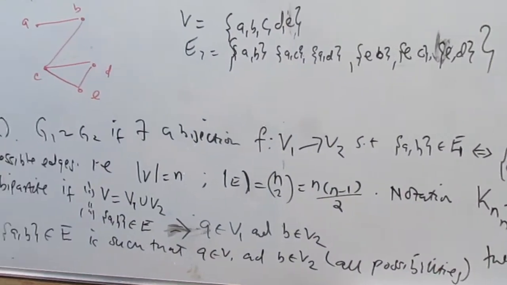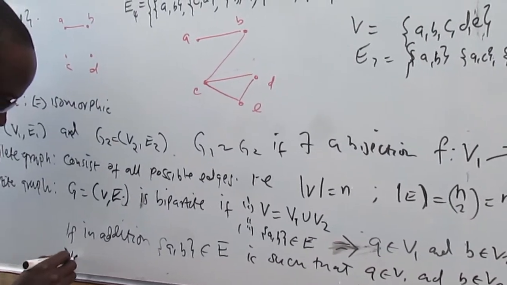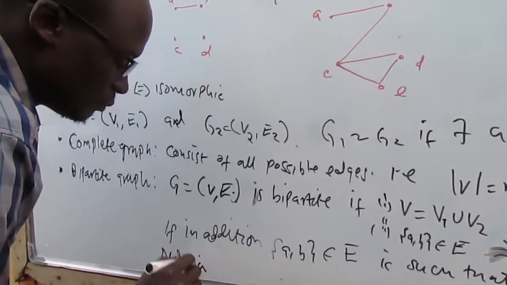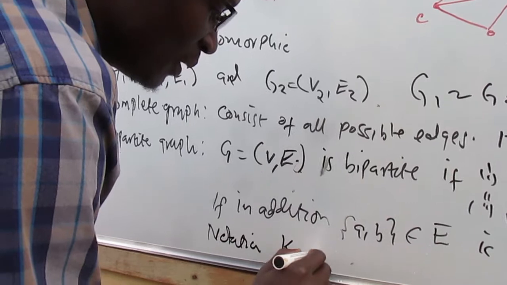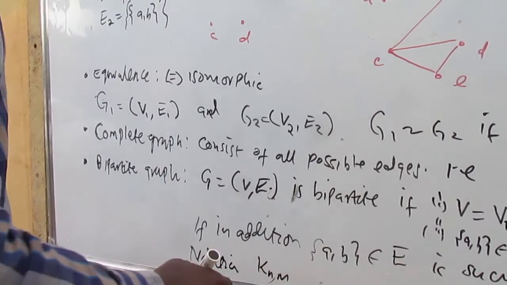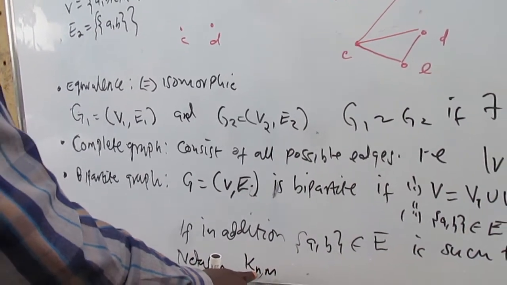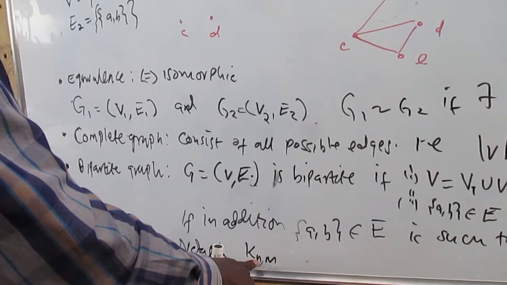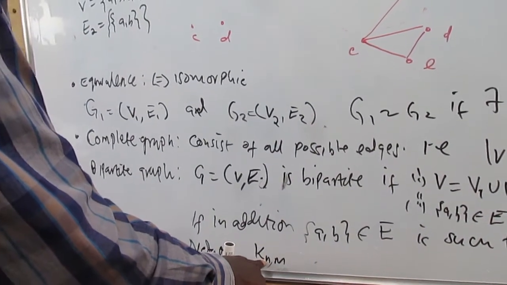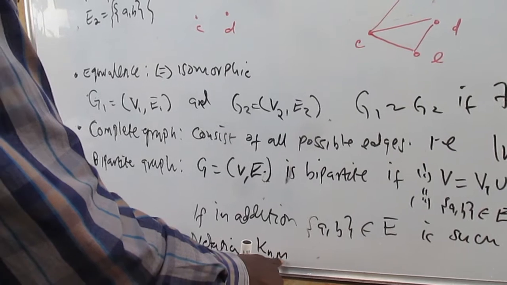A complete bipartite graph is denoted by Knm. Here we simply mean that every edge starts from Vn and goes to Vm.